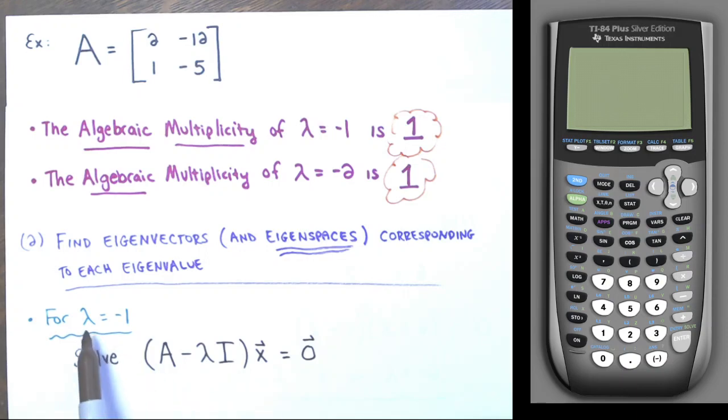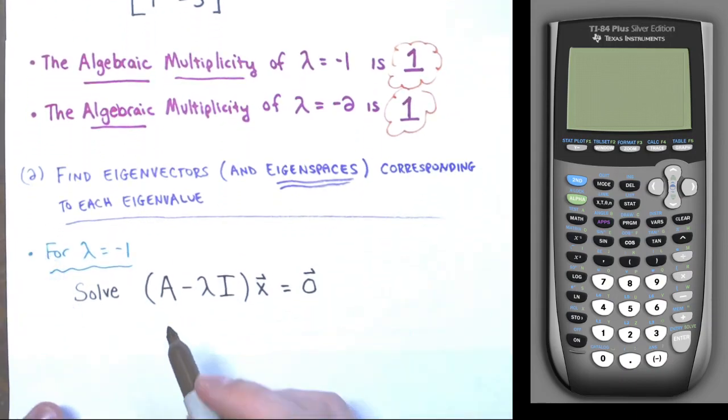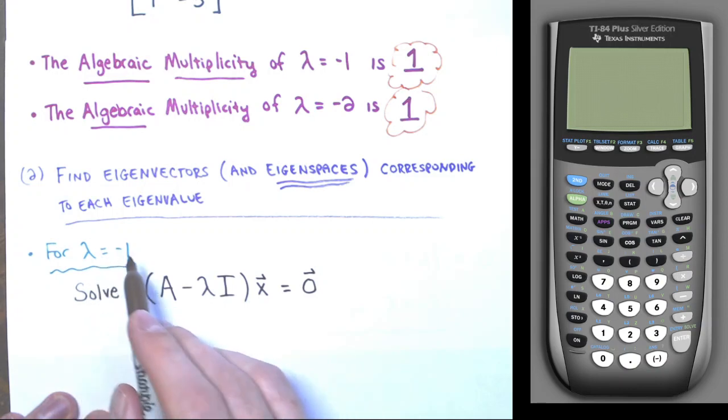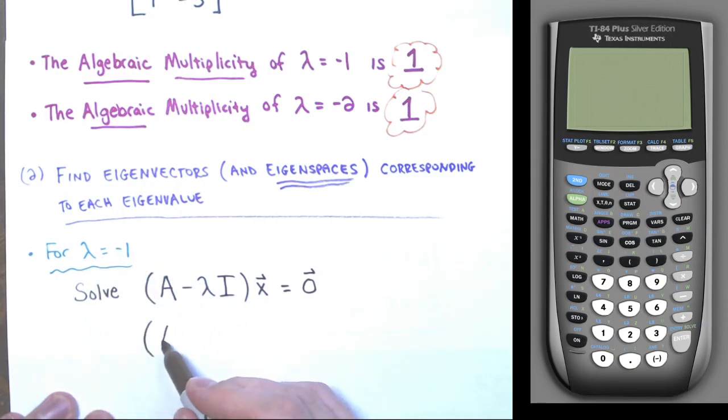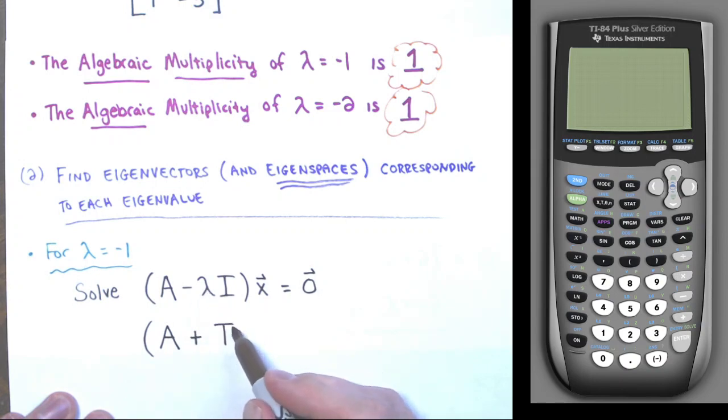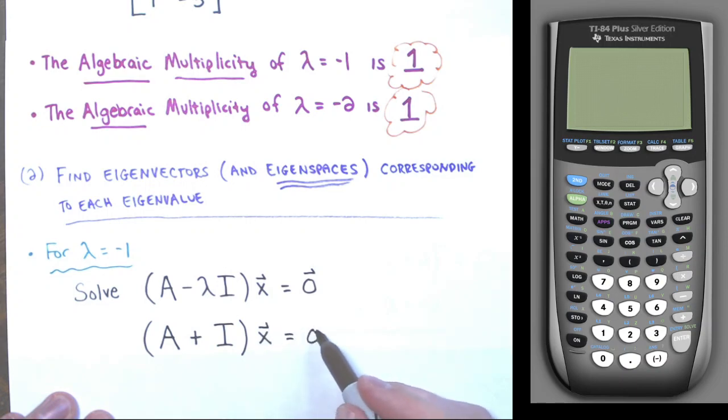You know what lambda is, so the unknowns are the vectors x that make this true. The set of all solutions makes up the eigenspace corresponding to negative 1. If I replace lambda with negative 1, we're looking at the equation A plus I, since minus negative 1 is plus 1, times vector x equals the zero vector.